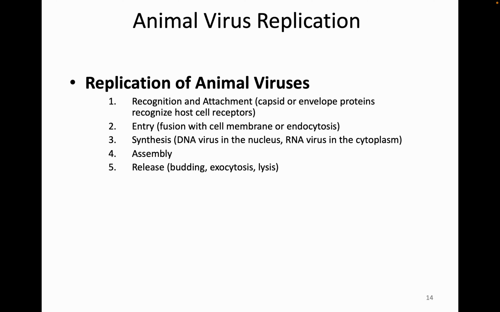DNA from the virus enters into the nucleus, or if it's an RNA virus, into the cytoplasm. The host cell assembles new viral particles. And finally, the last step is release of all those newly assembled viral particles back out into the extracellular space to go and infect more host cells.